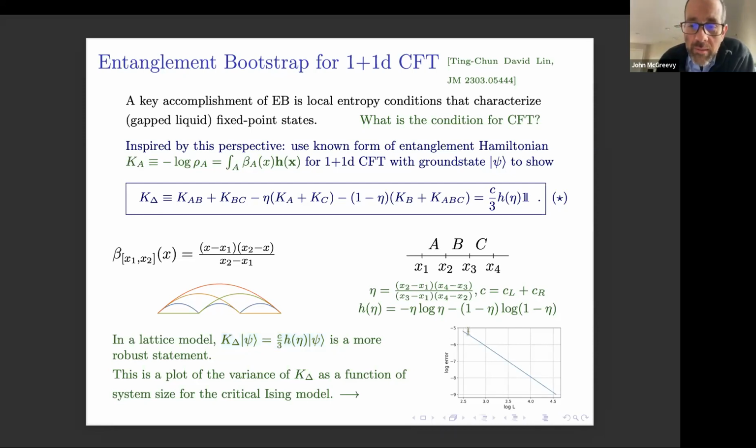And so here's a plot of the variance of K delta. So this says that K delta acting on the state is just a number, so it has 0 variance in the state. And so in the critical transverse field Ising model, as a function of the system size, the error is very tiny. So it's a true statement, even numerically in a lattice model in finite size.